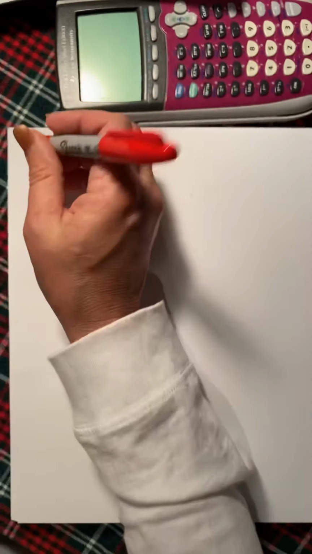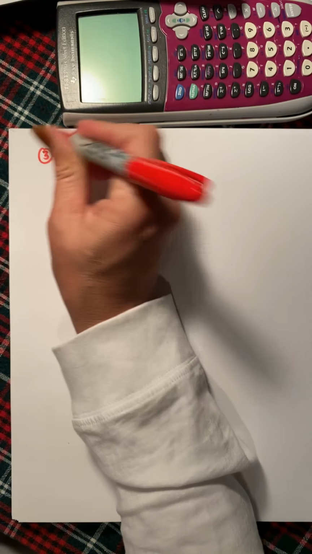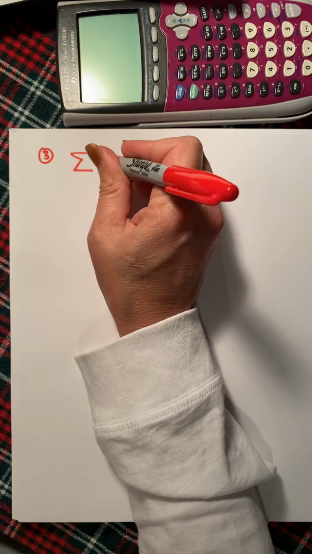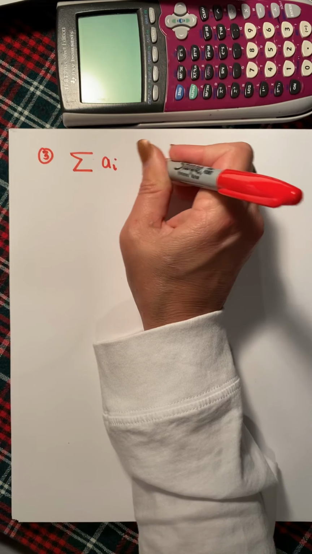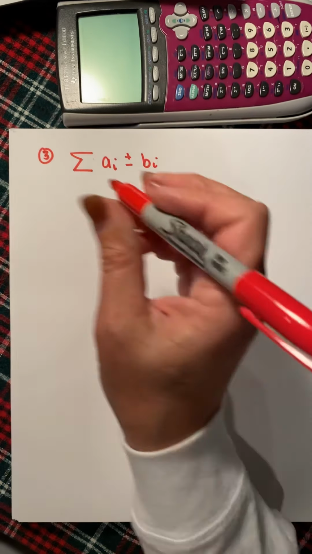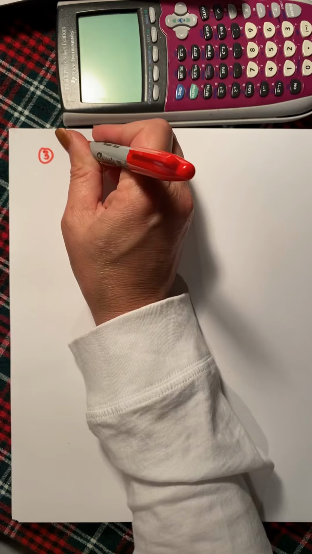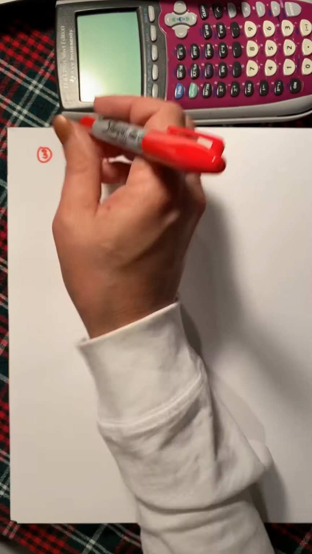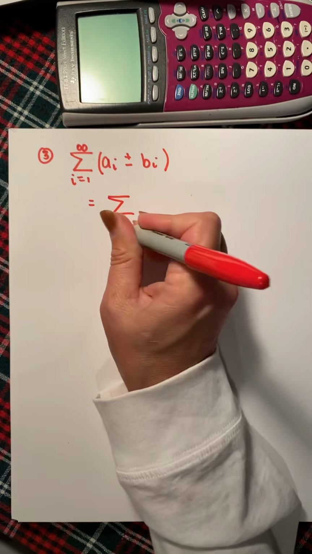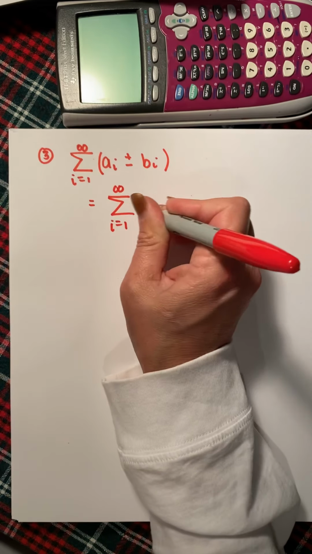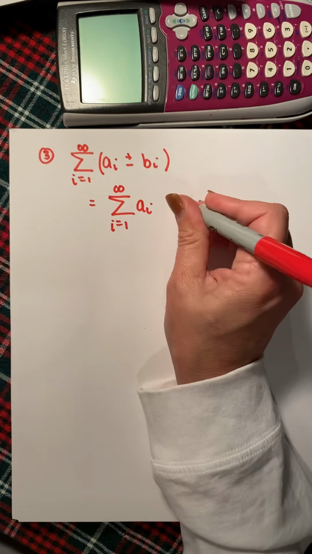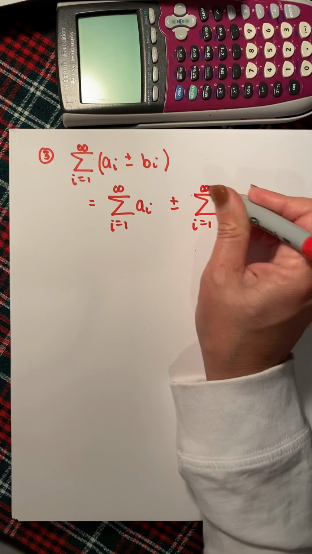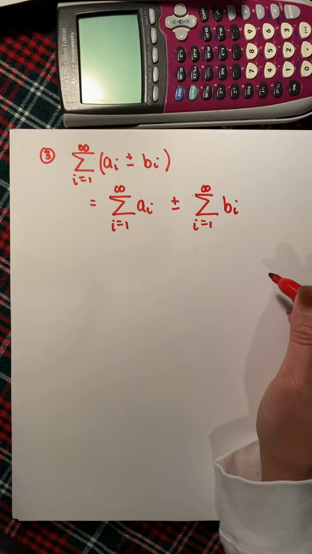If you have multiple terms in a series, let me write the template down. If we had multiple terms in a series, adding or subtracting, and this doesn't matter if it goes up to n or goes up to infinity, we can split this up. We can look at this first part, and then we can add or subtract going along with whatever that sign is. Like this.